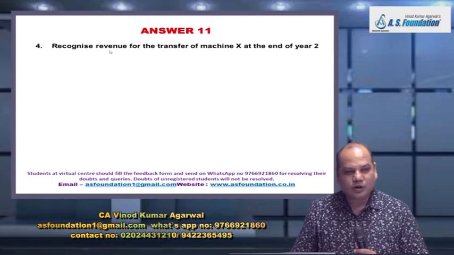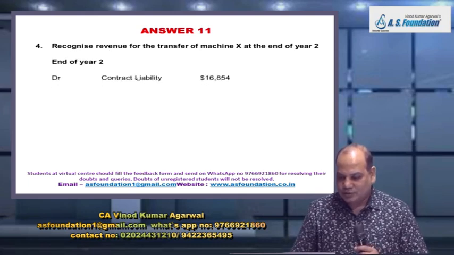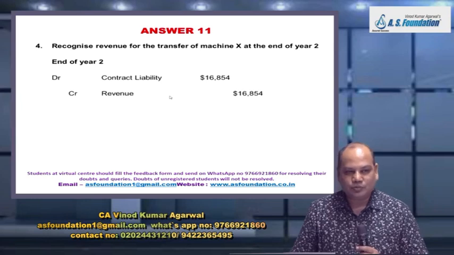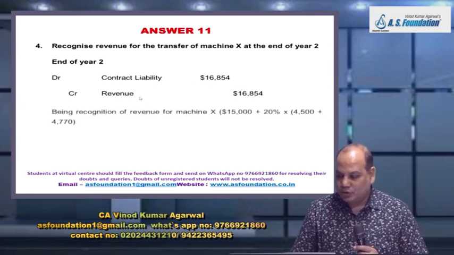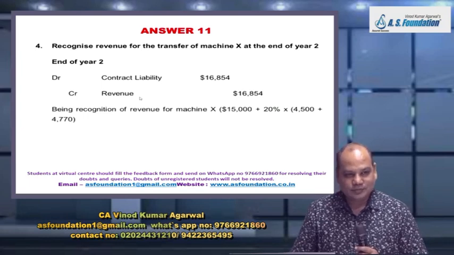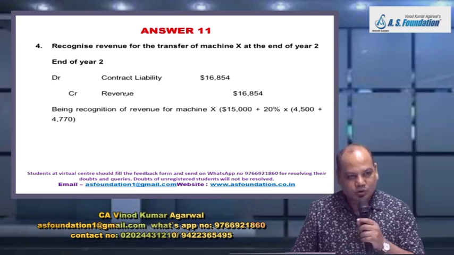So now I am going to recognize revenue with respect to machine X. Can you pass the entry? Contract liability to revenue, but not 15,000. On 15,000, you have to compute interest for 2 years.